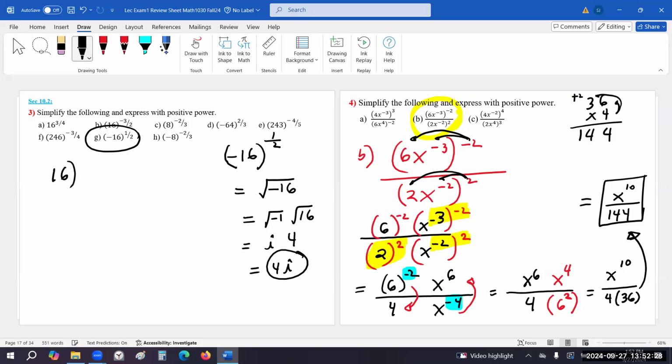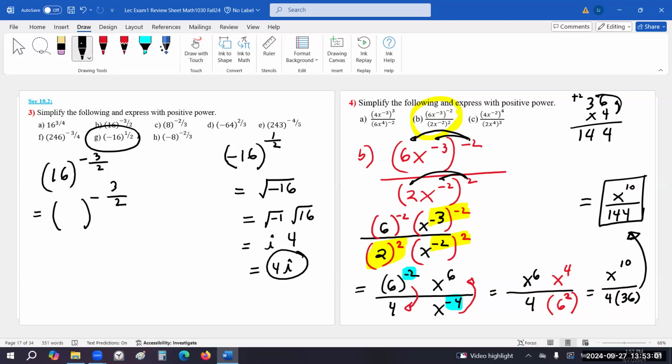How about 16 with the negative 3/2 power? Do we remember what we do in this case? What is our goal here? What is your denominator? So you're looking for the same number how many times?